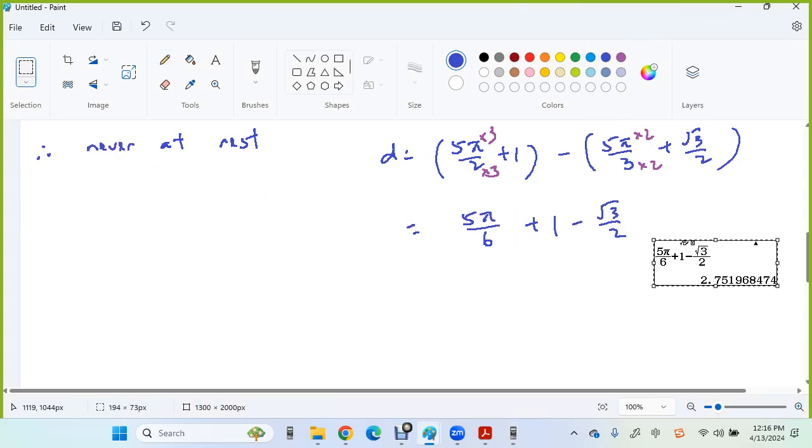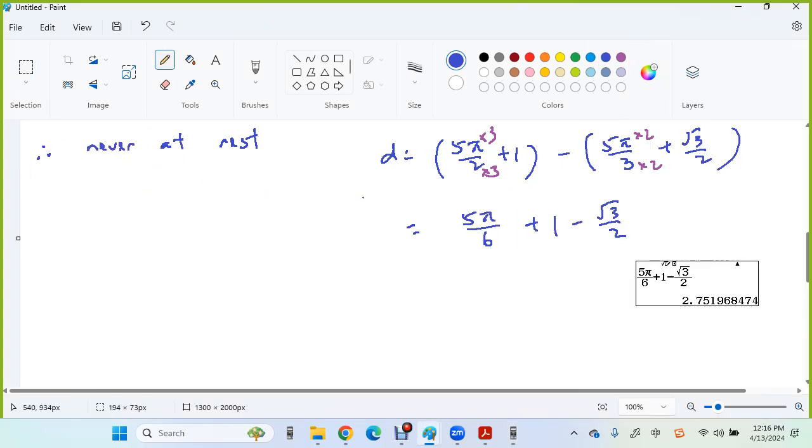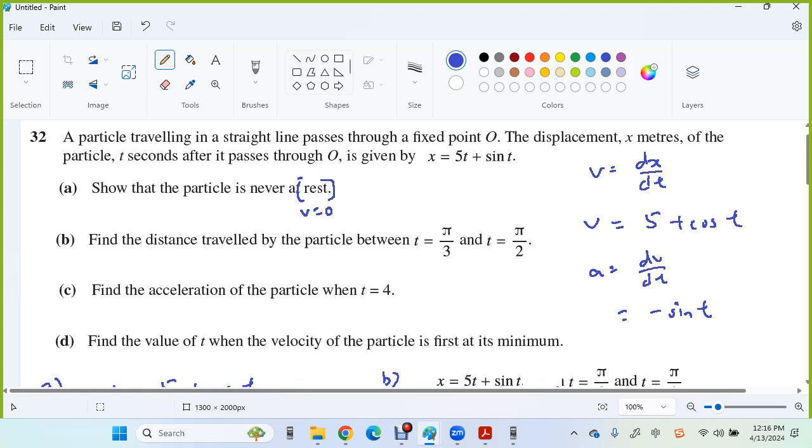So this is 2.75. Yes, this is the distance.